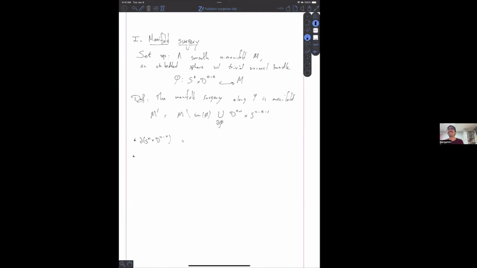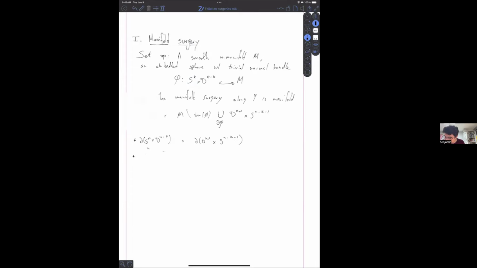Okay. So essentially we're cutting out this sphere and we're gluing in a disk. We can say why in a minute, but we're using the fact that the boundary of the sphere times the disk is equal to the boundary of the disk times the sphere.